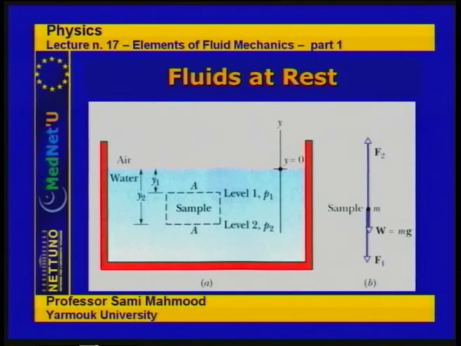For that sample, let's pick a right cylindrical sample of base area A. So the top area of the cylinder and the bottom area is A, and the height of the cylinder extends from the position of the upper base, which is at y1, the upper level of the sample, to the lower base at y2.